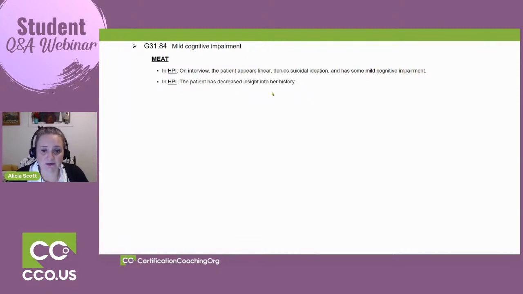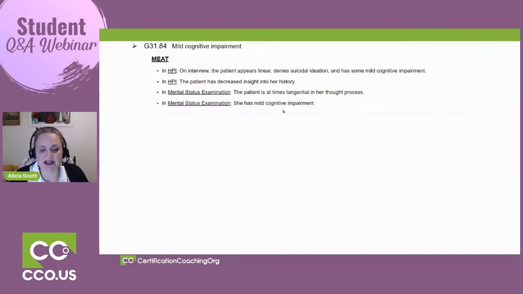Mental status exam, and this word right here means the same thing, tangential. And then we have mild cognitive impairment in the mental status. It's just all over the place. The impression, it's all right there. Decreased memory. Whether there's a component of dementia, not sure.